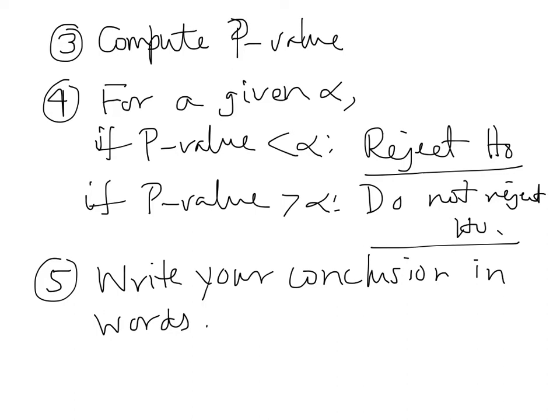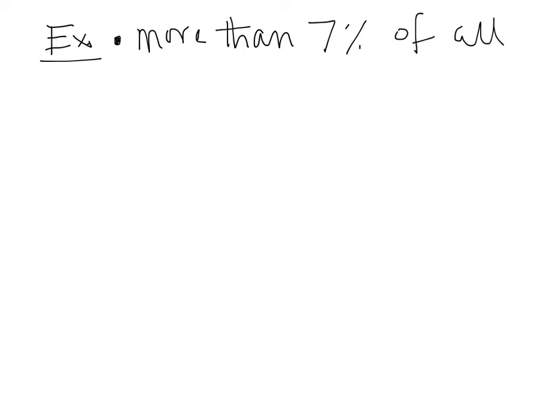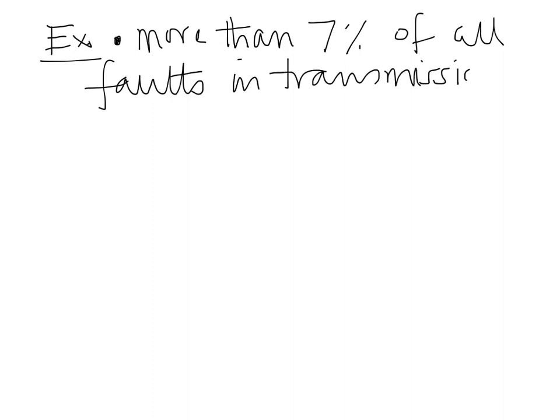Now let me give you an example. Suppose it is thought, this is the contention, the belief, that more than 7% of all faults in, say, transmission lines are due to lightning.